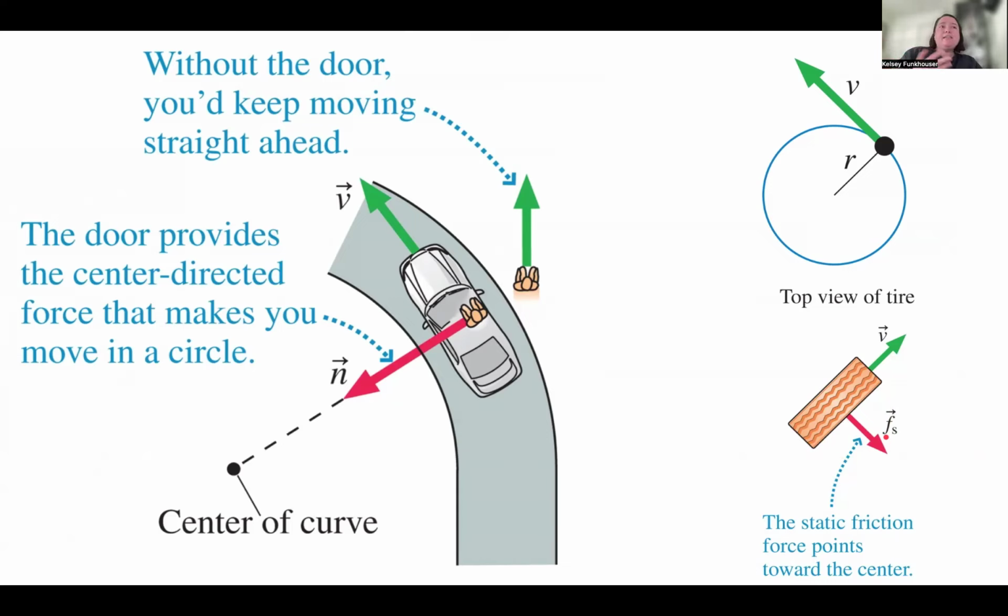But what you feel, the thing that feels like a force that is making you slam into the person sitting next to you or the door or something, is really just your velocity wanting to continue on the way it was and being forced to turn. And I know that might not seem directly connected to apparent weight, but it is, again, the contact force.